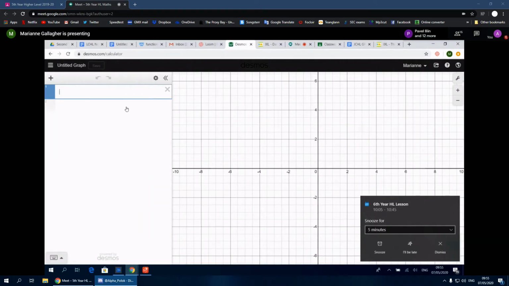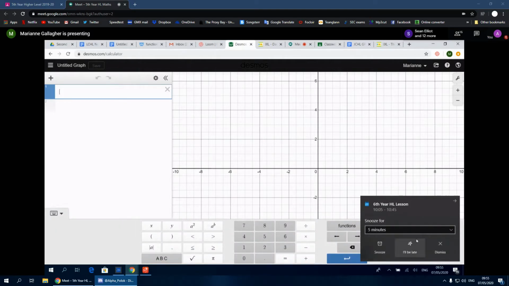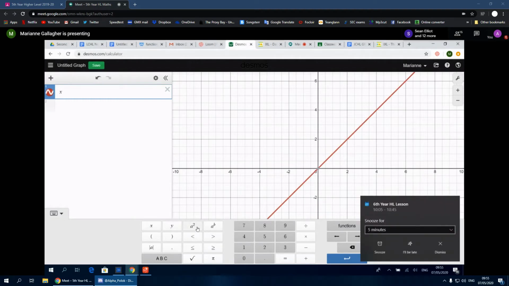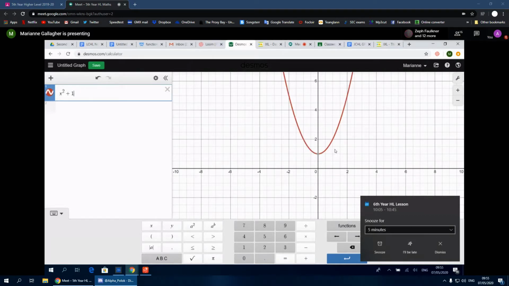So if I just graph it, everybody see this on the screen? So x squared plus 1. There's my graph. Then I'm going to graph 2x.